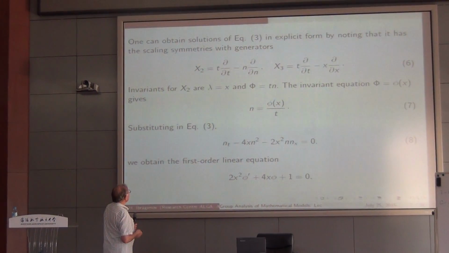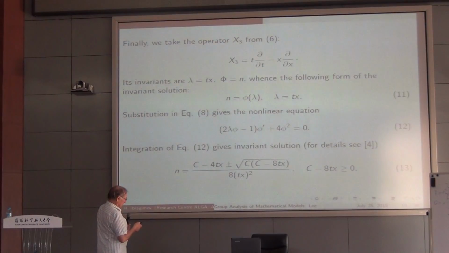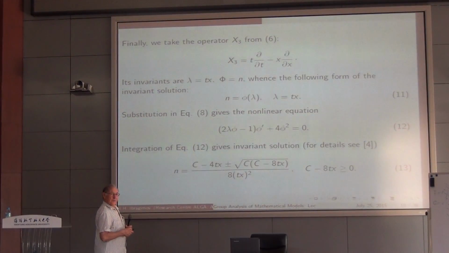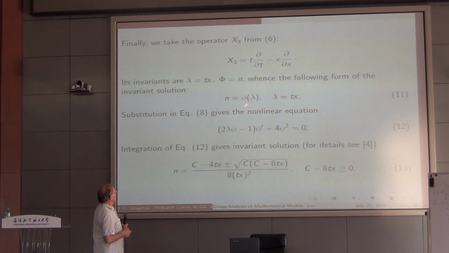I wanted to illustrate this complicated case. The equation 3 admits the operator x3, and you calculate its invariants. One invariant is lambda equals t times x, and another one is n, of course, because it does not have any differentiation with respect to n.